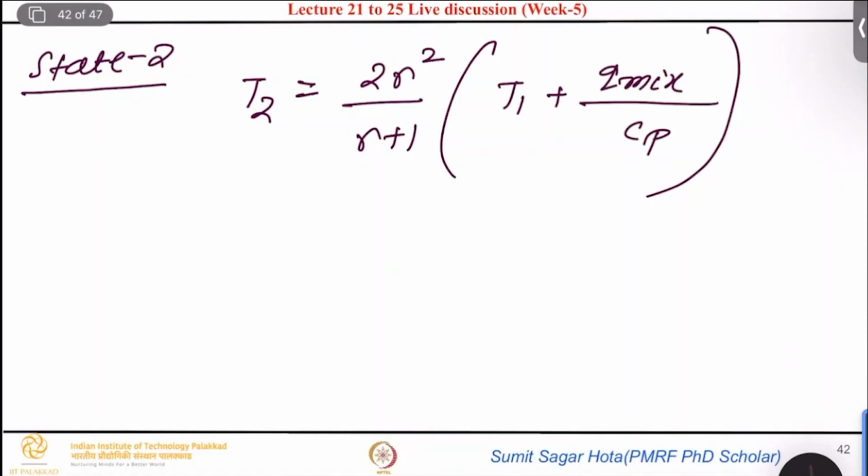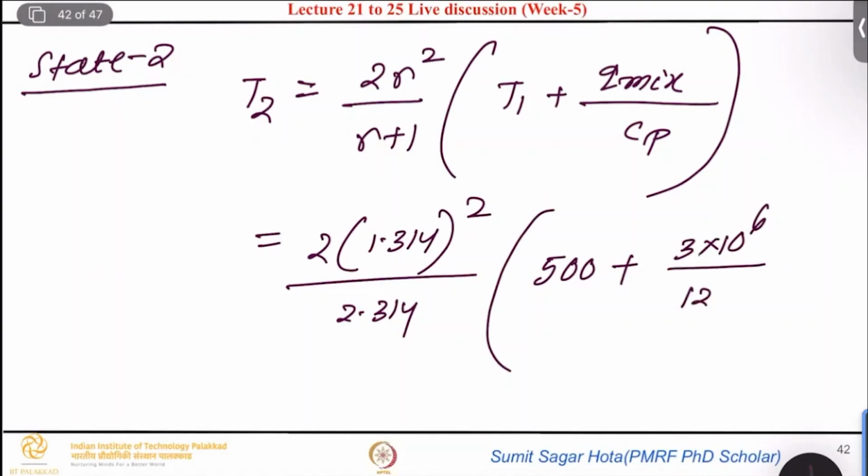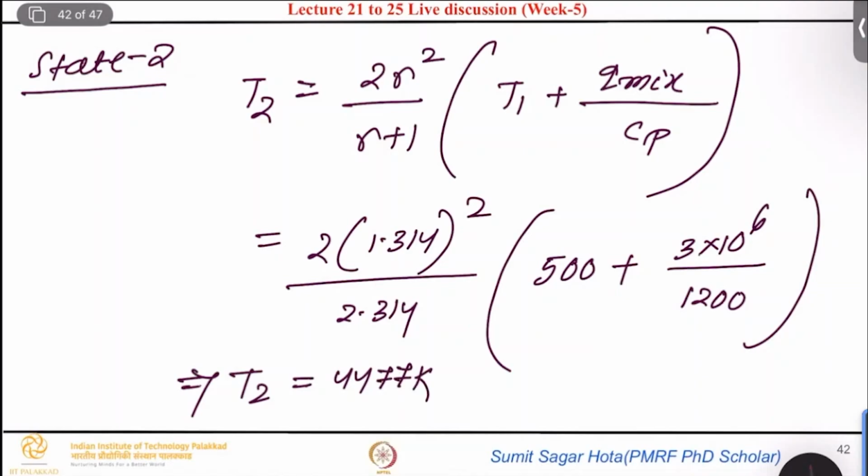What is this value? 2 into 1.314 square, over 2.314, times 500 plus 3 into 10 to the power 6 divided by 1200. Now the T2 value comes out to be 4477 Kelvin.